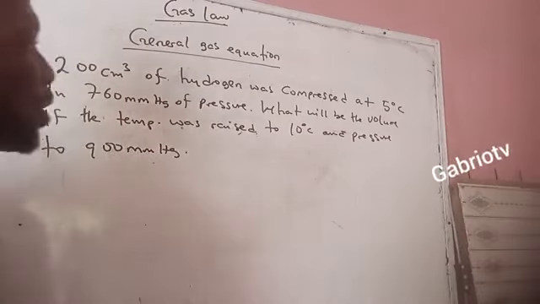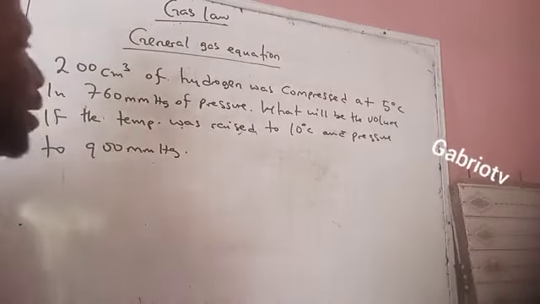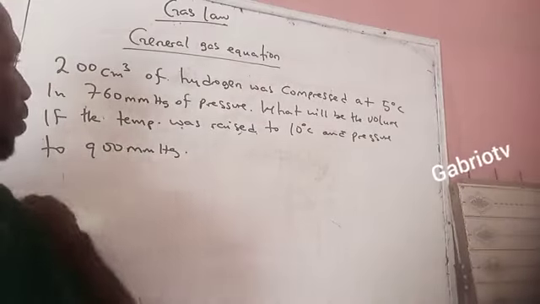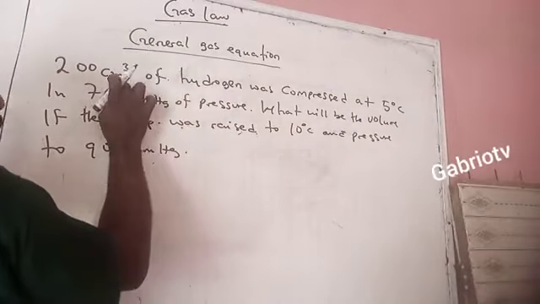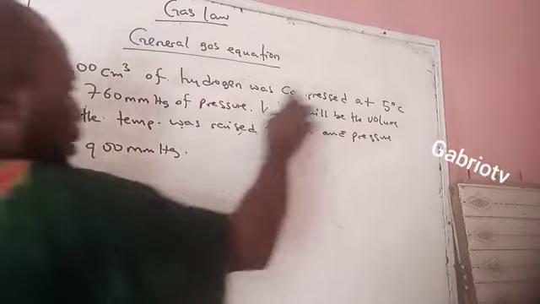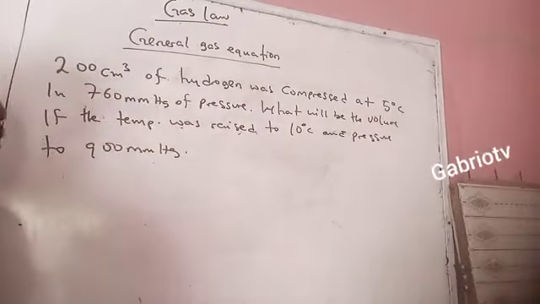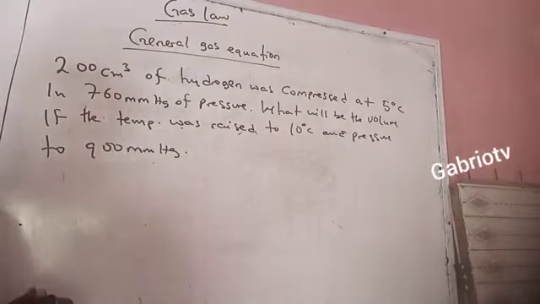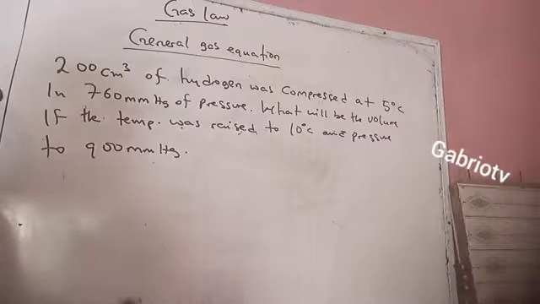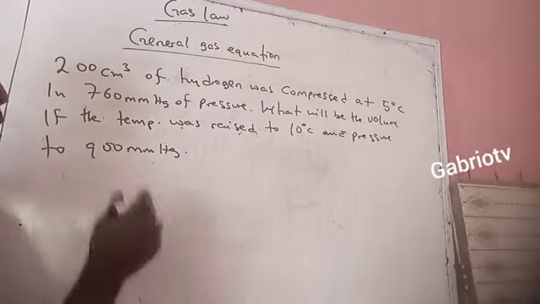This type of question is a standard general gas equation because we have almost everything: we have pressure, we have volume, and we have temperature. This is one of the best ways you can know that this is the general gas equation. The other question will be the general gas equation involving STP. We are going to explain that, but let's look at this one.